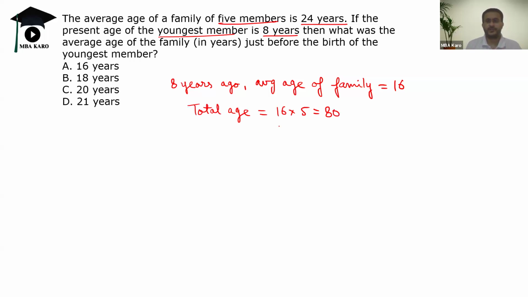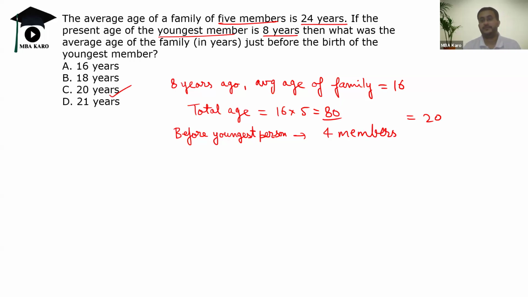So just before his birth, there were 4 members. The youngest member became the 5th member of the family, so before him there were 4 members. What was their average? 80 by 4, that is 20 years.